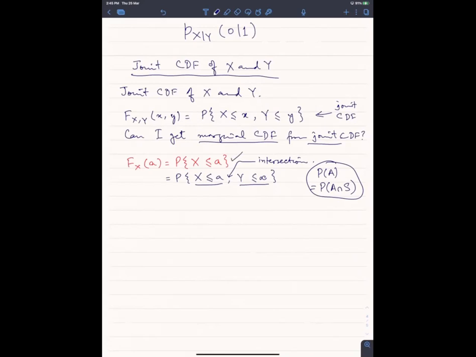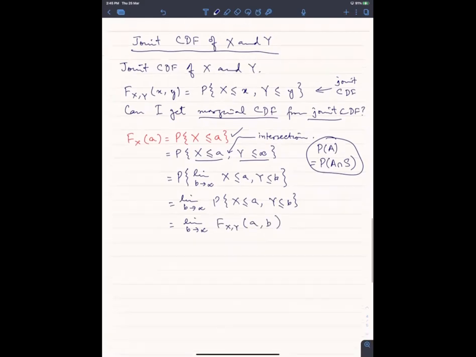Okay. So now this is equal to the limit as b goes to infinity of the probability X less than or equal to a, Y less than or equal to b. I can pull the limit out, and you are left with the probability X less than or equal to a, Y less than or equal to b, which by definition is F_XY evaluated at a and b.